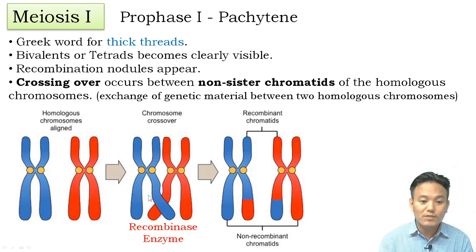For example, genes from the father and from the mother get exchanged, so the genes are shared. Crossing over occurs between two non-sister chromatids of the homologous chromosomes and it ensures the exchange of genetic material between the two homologous chromosomes. And this particular process is called recombination.